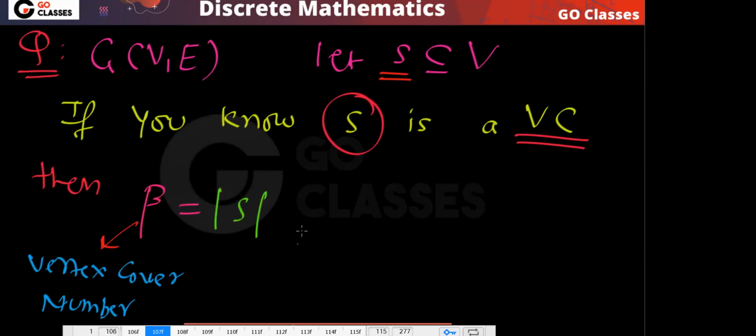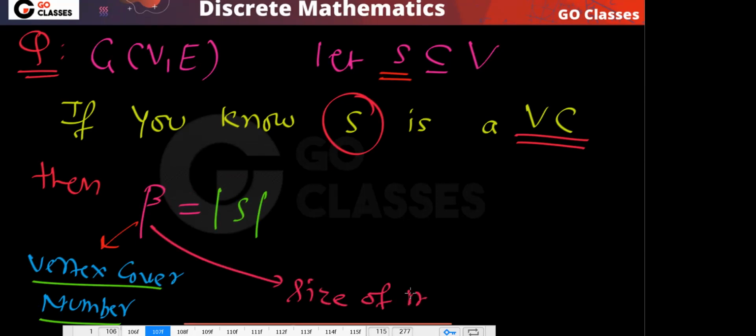Can I say beta is equal to the cardinality of S? Beta means the size of the minimum vertex cover. That is your beta. So if you know S is a vertex cover, then what can you say about beta? This beta will definitely be less than or equal to this. Yes or no?